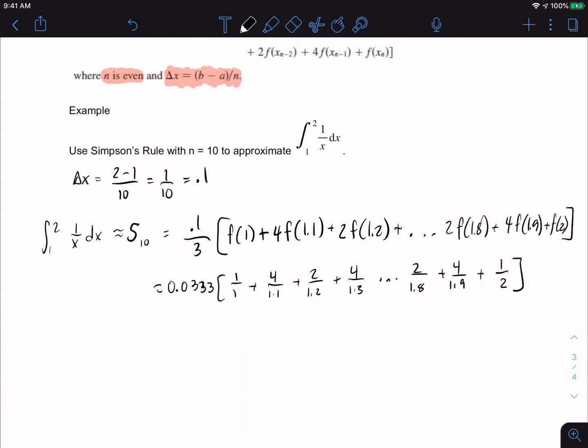Agreed? Agreed. Okay, so then from here, with your calculators, you guys can do this. You should get an approximation of 0.6935150.